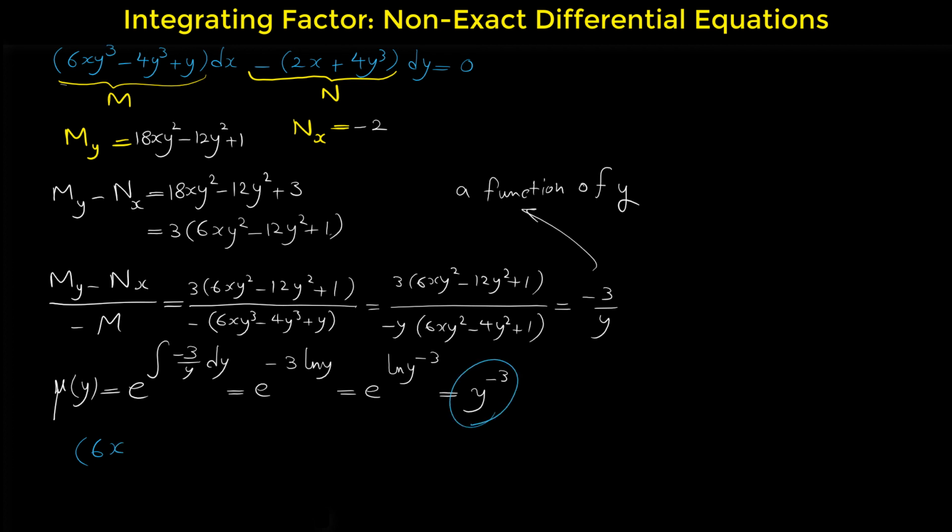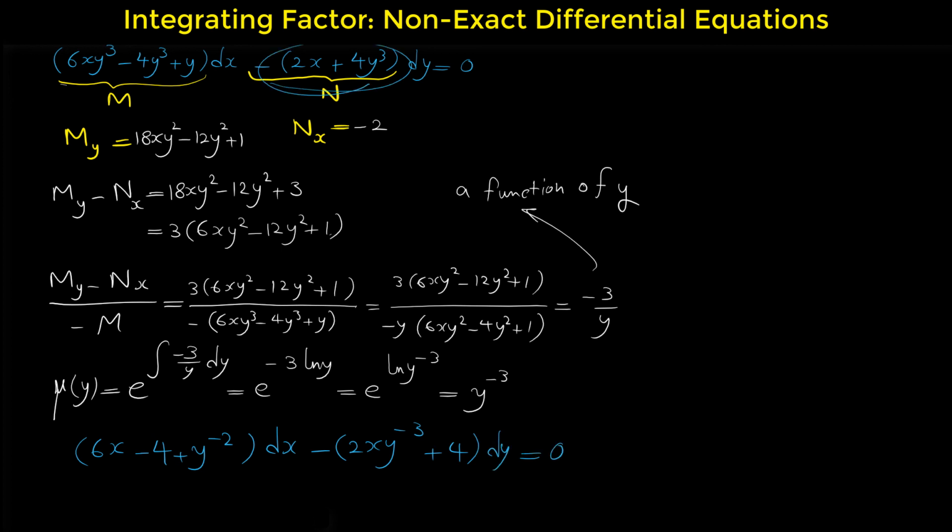Note that y to the negative 3 multiplies by y to the 3 and they cancel each other, and only 6x remains, because y to the 3 times y to the negative 3 is 1. If we multiply y to the negative 3 by negative 4y to the 3, we have only negative 4. And if we multiply y with y to the negative 3, only y to the negative 2 remains. So plus y to the negative 2 dx minus 2x times y to the negative 3 plus 4 dy equals 0.